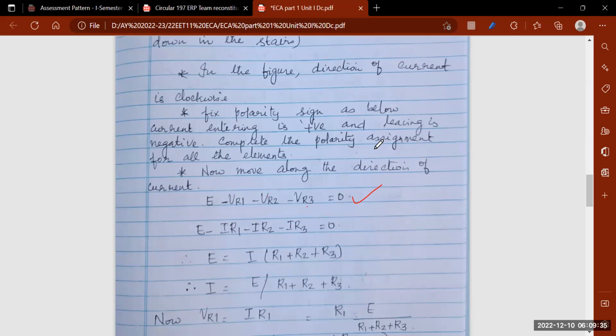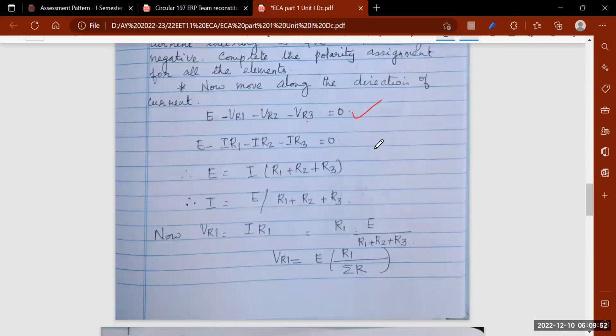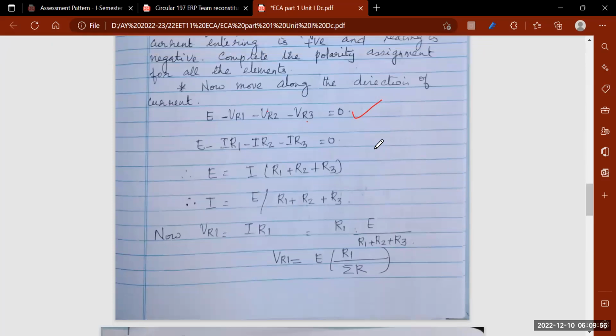So in a closed circuit or closed path, the algebraic sum of potential rise and potential drop is equal to 0. And if I take I outside, my equation reduces like this: E is equal to I into R1 plus R2 plus R3.